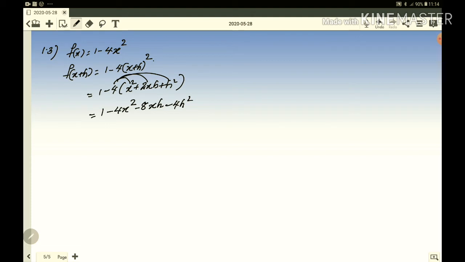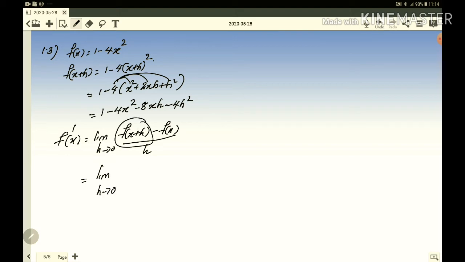Now we are going to write the formula, that is f dash x, limit h tends to 0, f of x plus h minus f of x divided by h. Now substitute. In the place of f of x plus h, you have to write this long one, 1 minus 4x square minus 8xh minus 4h square.